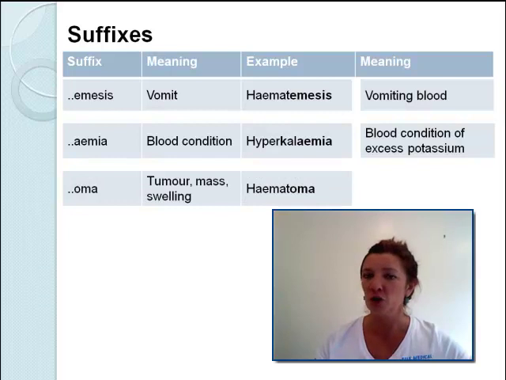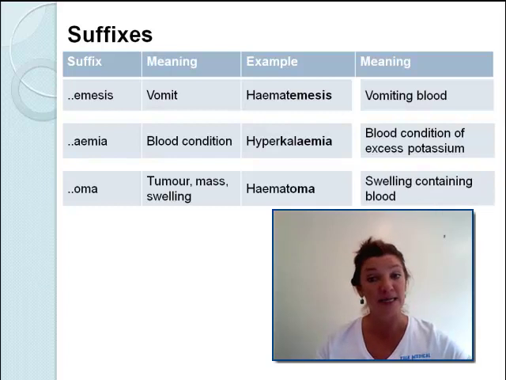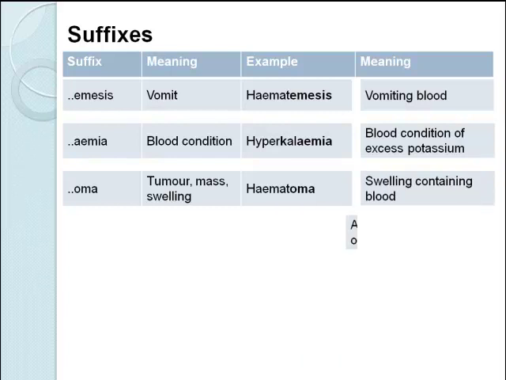Oma means a tumour, or a mass or a swelling. A hematoma would be a swelling containing blood. Let's have a look at this example, an adenocarcinoma of the colon. Well, oma in this case means a tumour, as in a mass and a lump. Carcin relates to cancer.